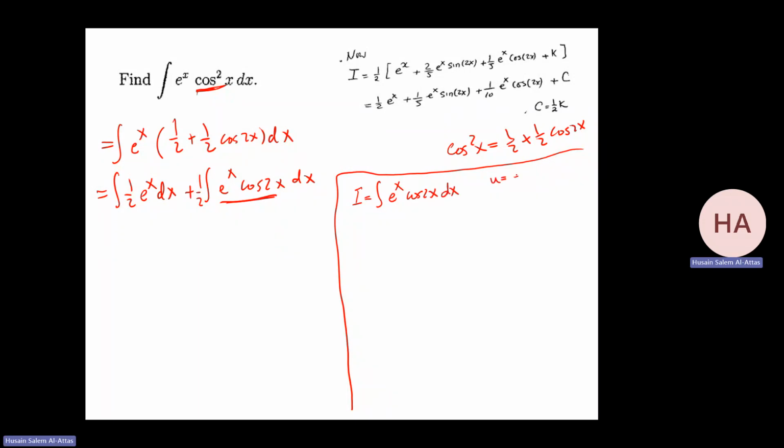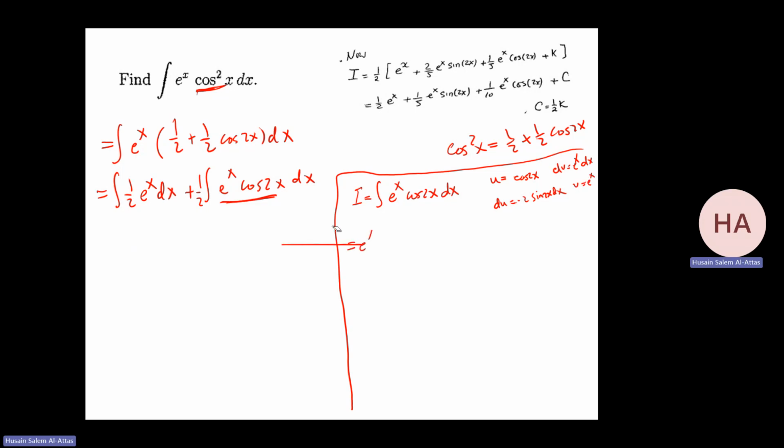So let u be cosine 2x, and dv will be e^x dx. So du will be what? Minus sine 2x times 2, not minus half, dx. And v will be e to the power x.